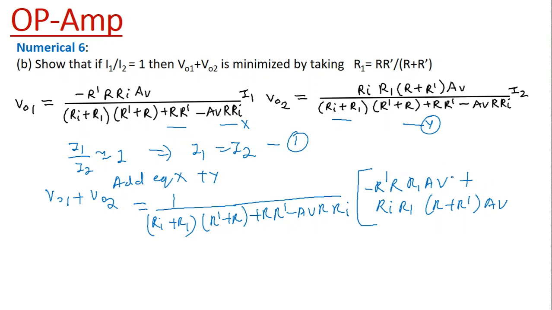Sorry, here we have I1 and here we have I2. Since I1 is equal to I2, we take I1 common here.